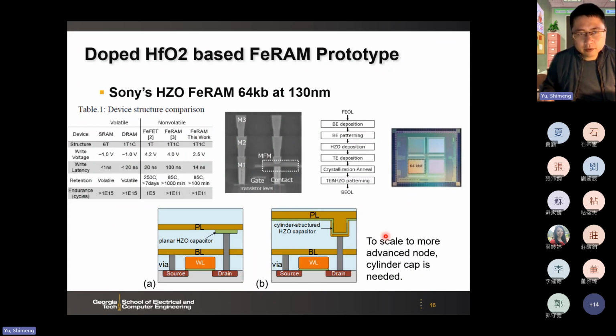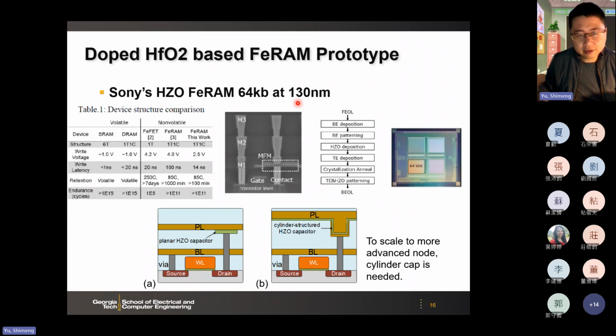Of course, Sony does not fabricate advanced memory at a lower technology node. But for another company, I didn't include the slide because it's news just announced a few weeks ago, so I will just say it verbally.